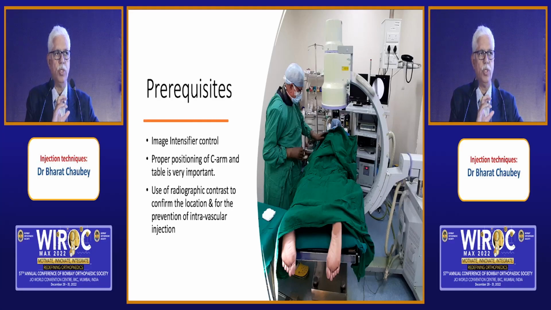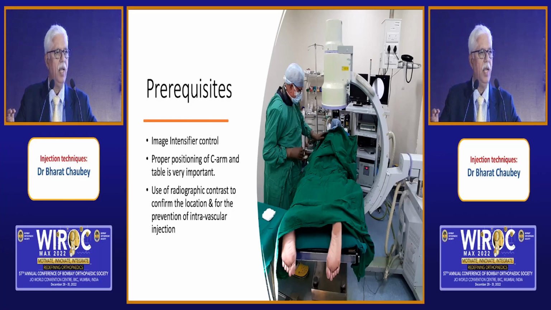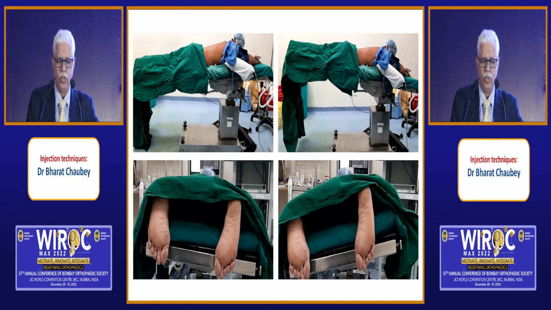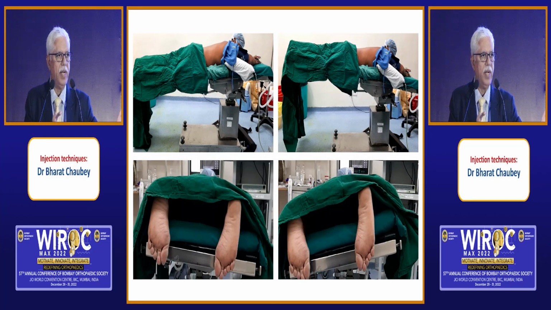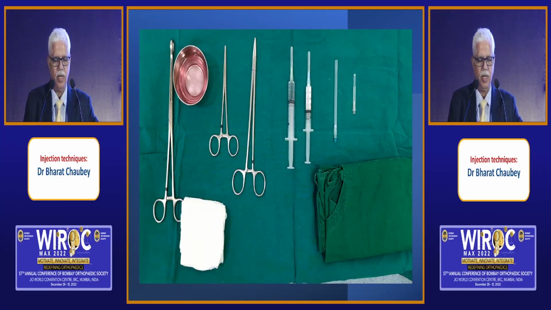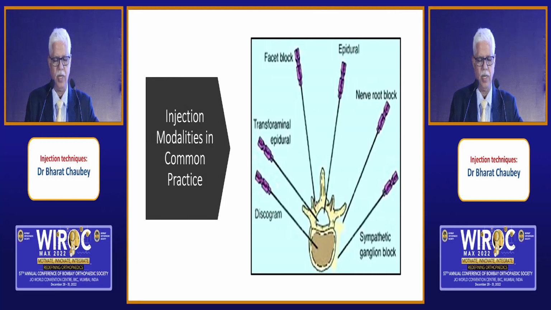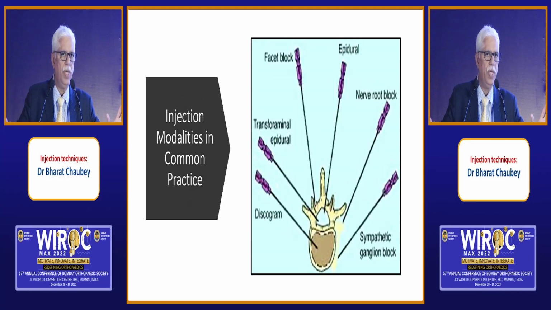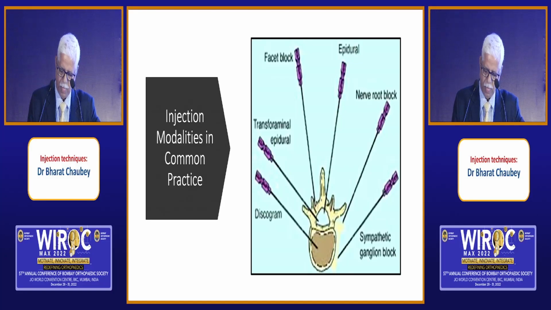We also use the contrast to confirm that wherever we have reached is right. So you see how these tables are tilted as per the need. We use these things for the procedure. And these are the modalities which we practice, except the sympathetic ganglion block, which we generally don't do.